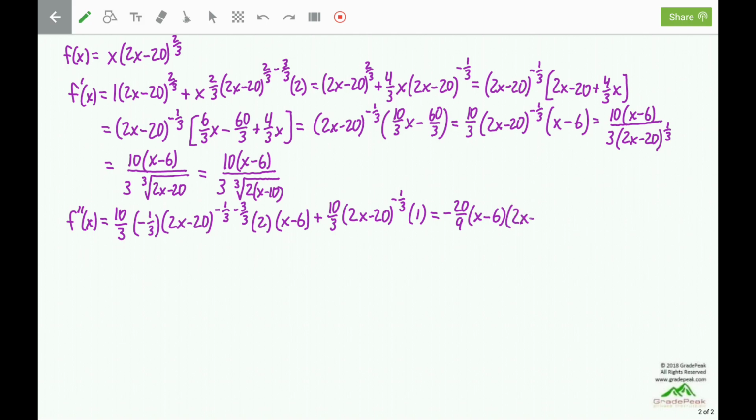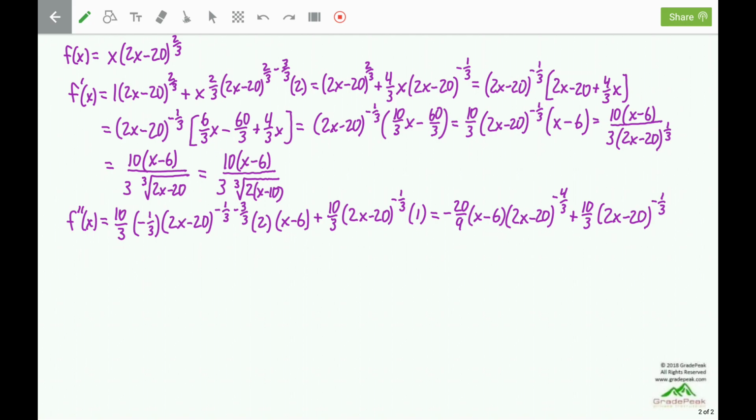And there is a 2x minus 20 to the negative 1 minus 3, negative 4/3 power. For the second term, we can bring the constants together. There is a 10/3 and a 1. 10 thirds times 1 is 10 thirds. And there is a 2x minus 20 to the negative 1/3 power.